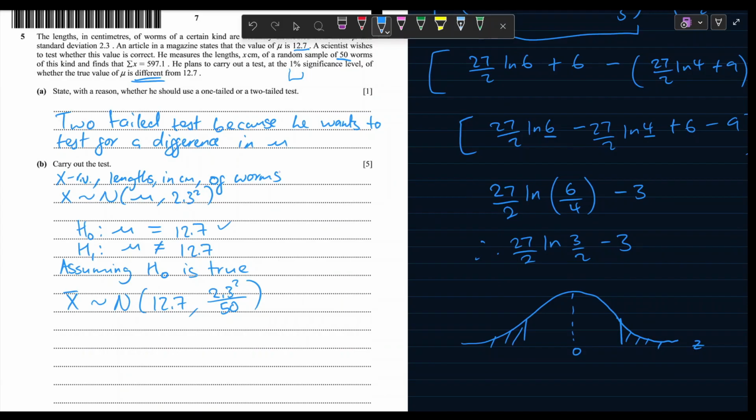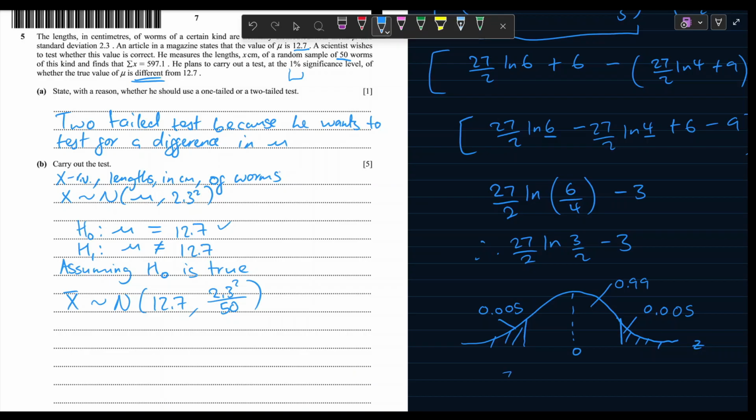So we have to share this 1% on either side. So instead of this being 0.01, it's going to be 0.005. That is tiny. 0.005, such that this middle area is 0.99.